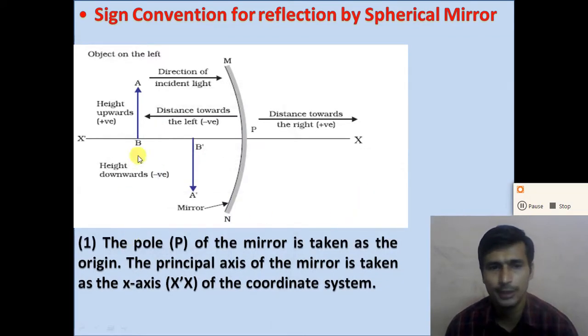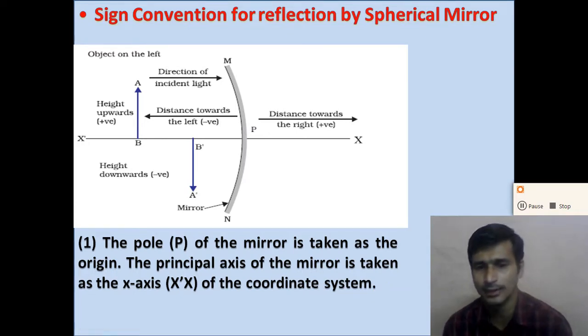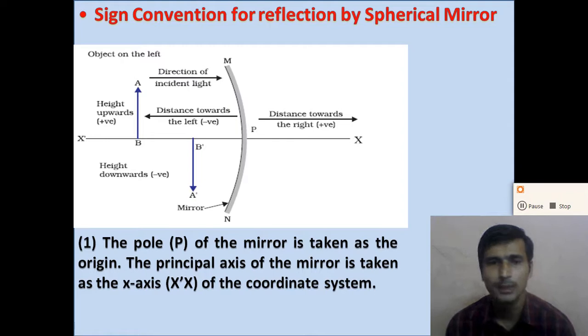So the first point of the sign convention: the pole P of the mirror, concave or convex, is taken as the origin, and the principal axis of the mirror is taken as the x-axis, x dash x of the coordinate system, and all the distances are measured on the principal axis from the pole.